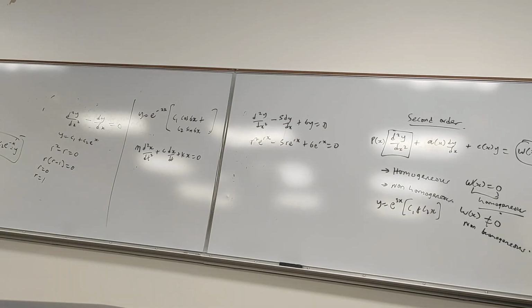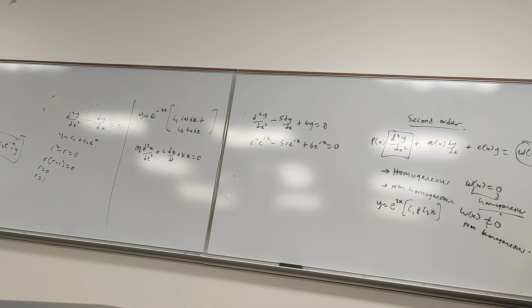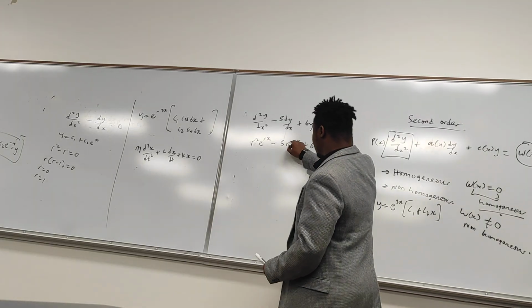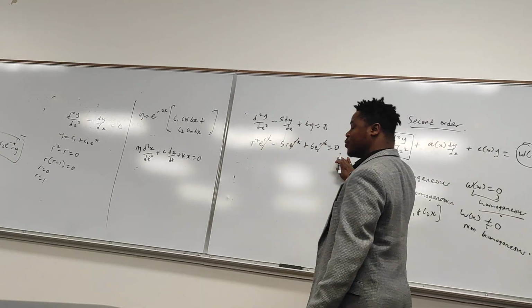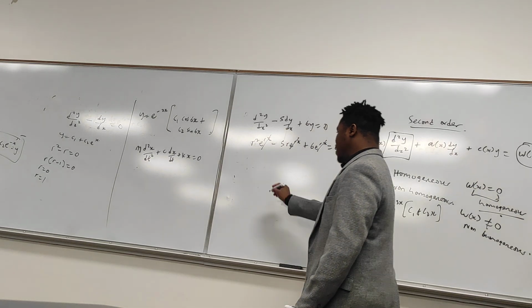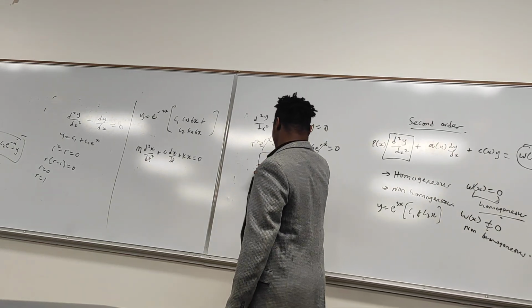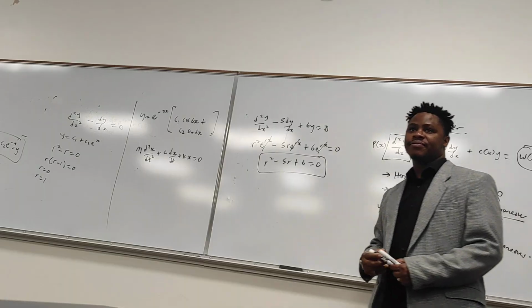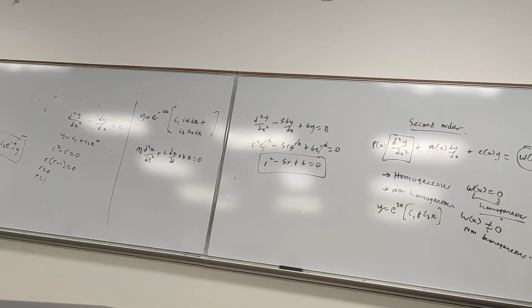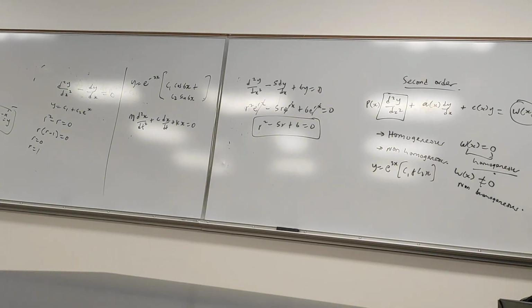Do you get how we got here? The exponential would always cancel out if you divide through. So we'll be left with r squared minus 5r plus 6 is 0. This is a quadratic equation, and we solve the quadratic equation.